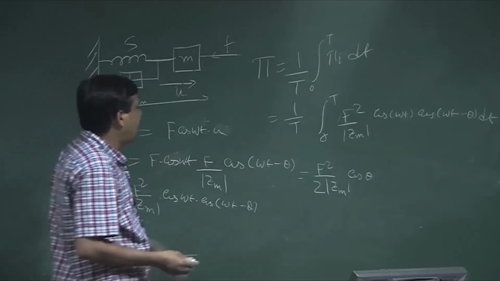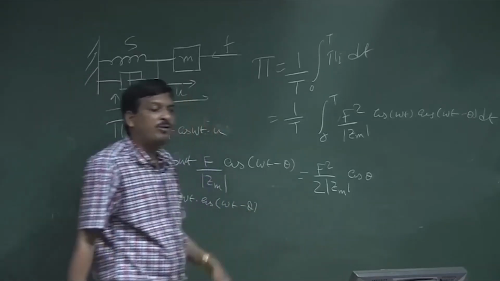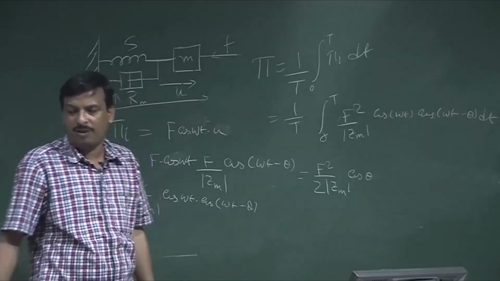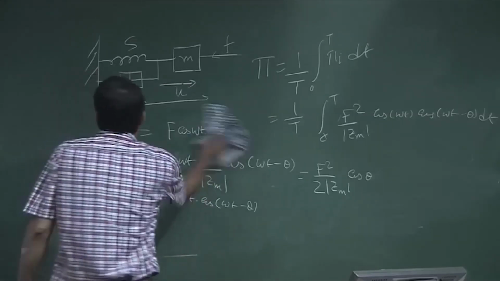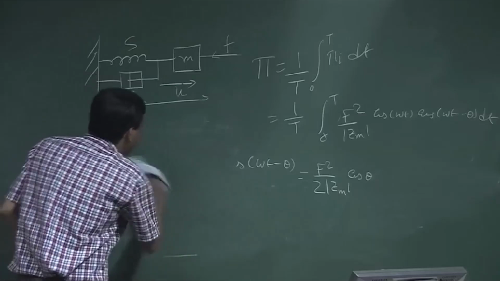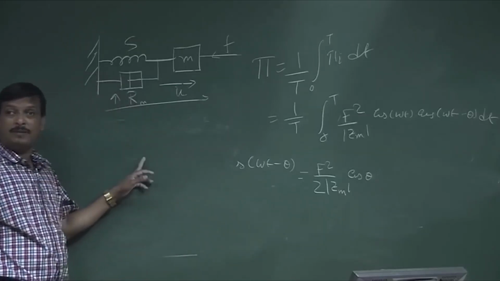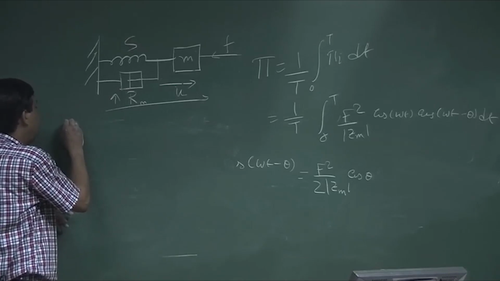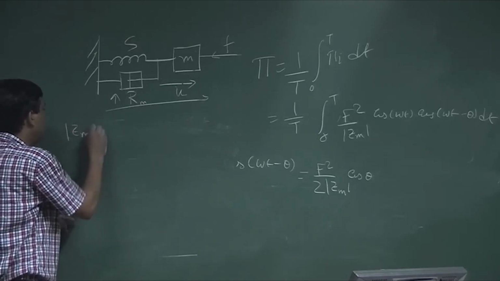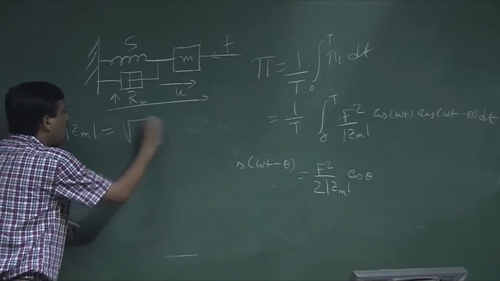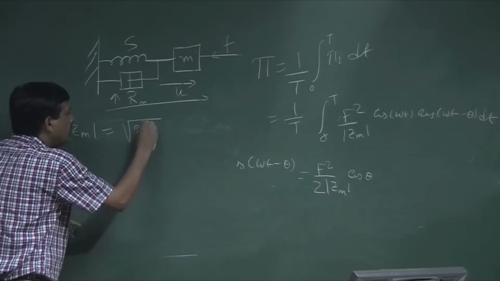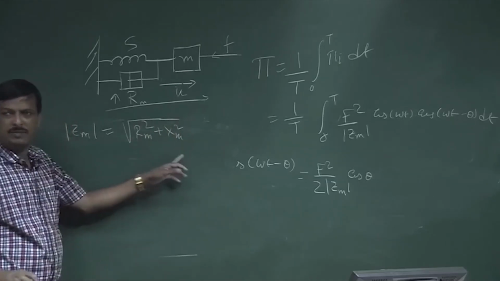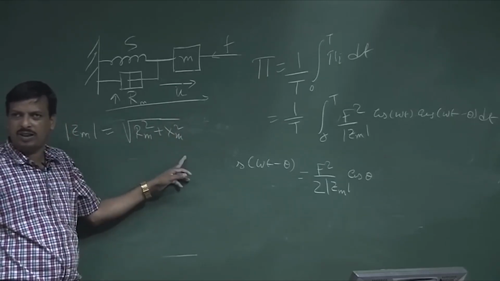Okay. Now, what is the value of cos theta? Theta is nothing but tan inverse of Xm by Rm, and mod of Zm is nothing but root over of Rm square plus Xm square, where Xm is nothing but omega m minus s by omega.